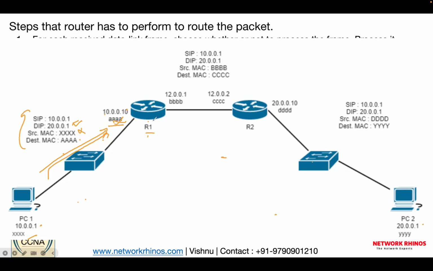Then I will send it to R2. When the packet travels from R1 to R2, the source IP will be 10.0.0.1. Destination IP will be 20.0.0.1 only. Source MAC will be BB, and the destination MAC will be CC, and it comes all the way to R2.